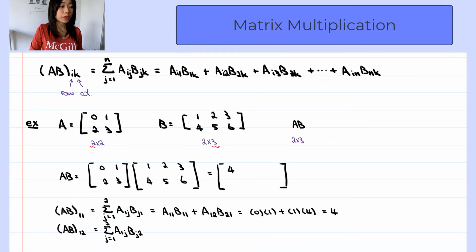So now we want to multiply element by element from the first row of the first matrix times the second column of the second matrix.